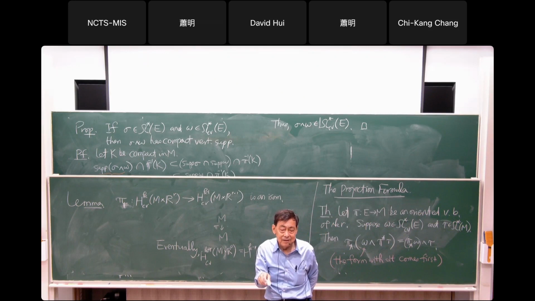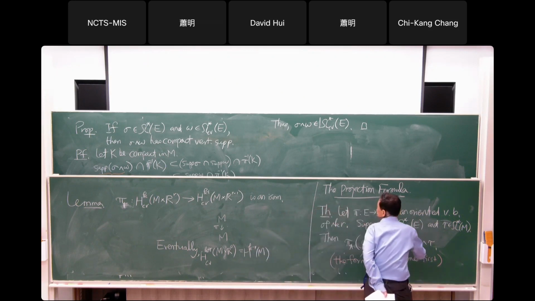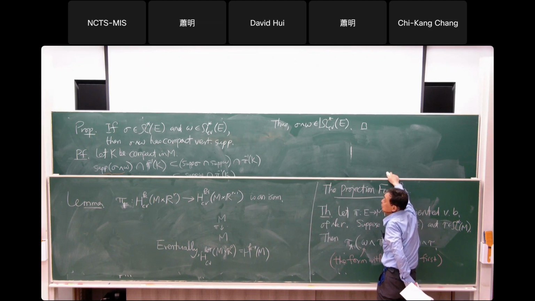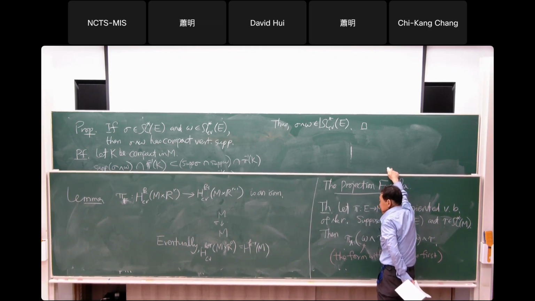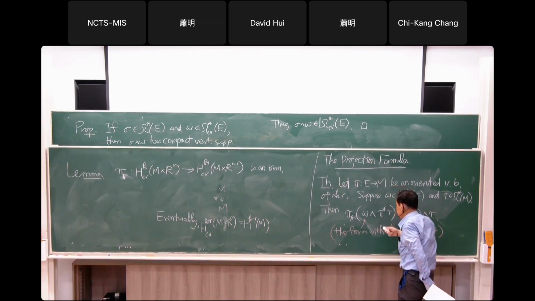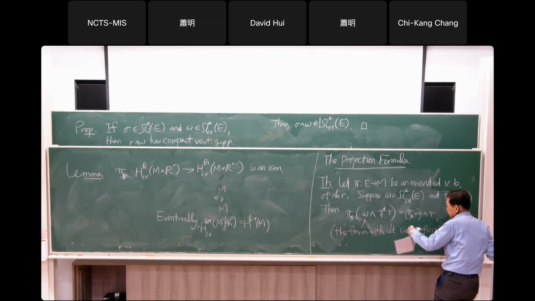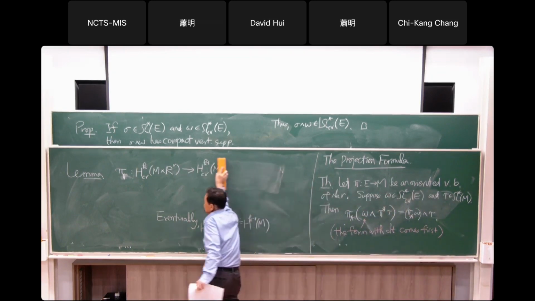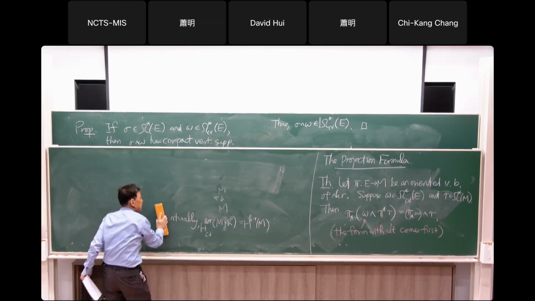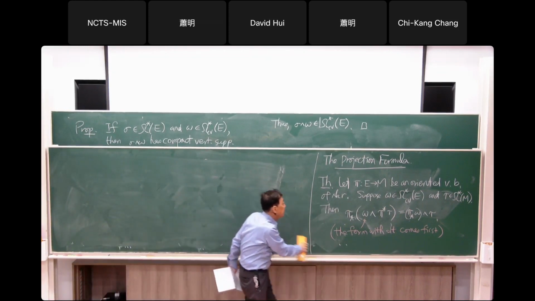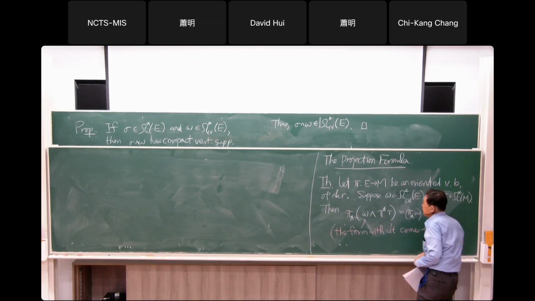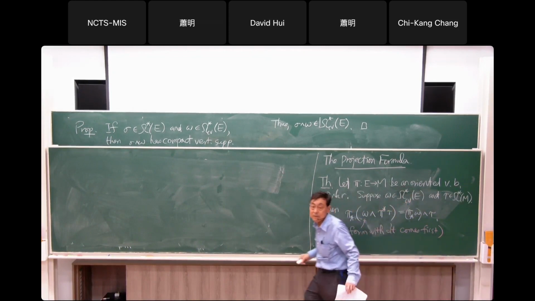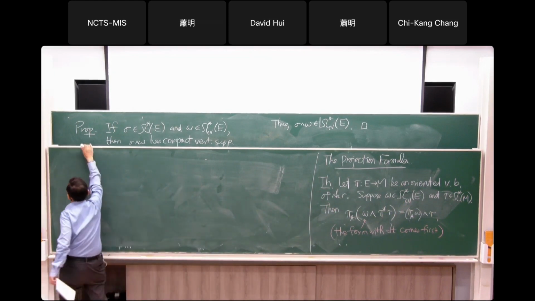So you can just look at a neighborhood of a point. To prove the equality of two forms, we can assume that we are in a small neighborhood, like in a chart. And in a chart, we know how to write down everything in terms of coordinates.